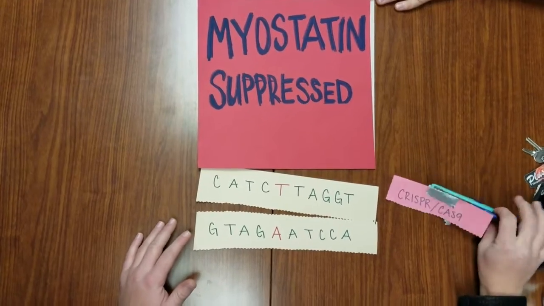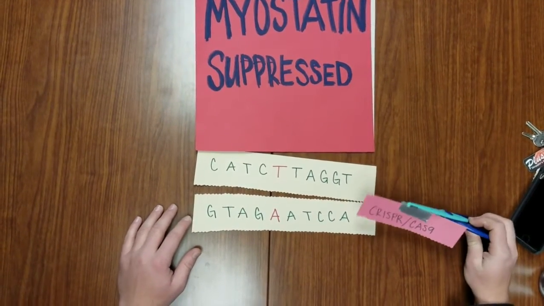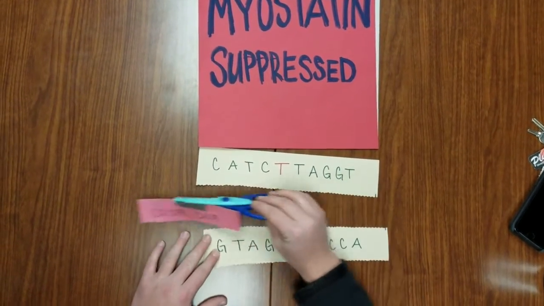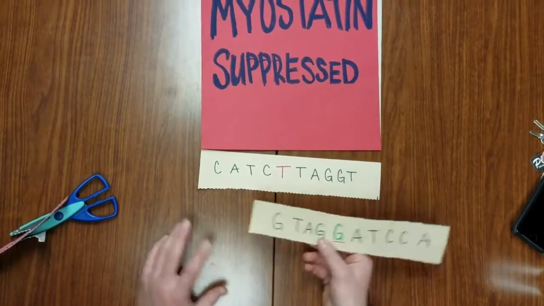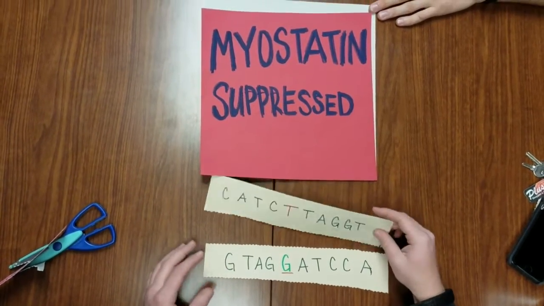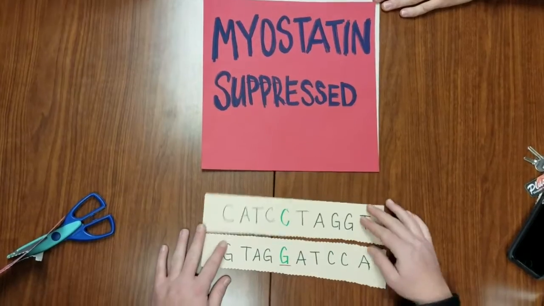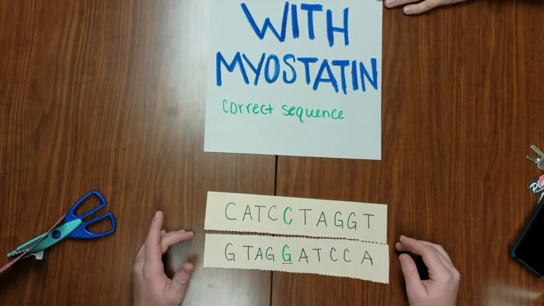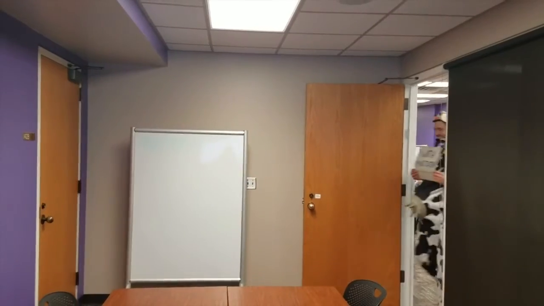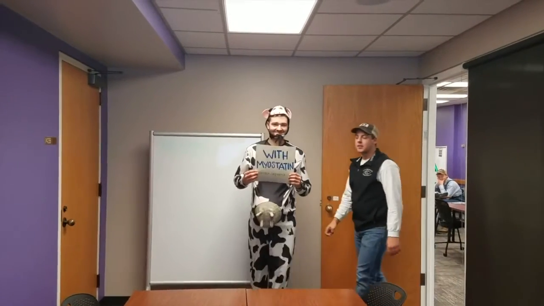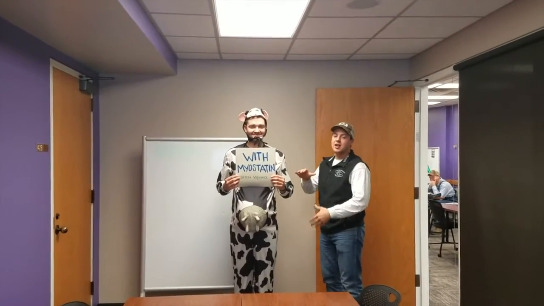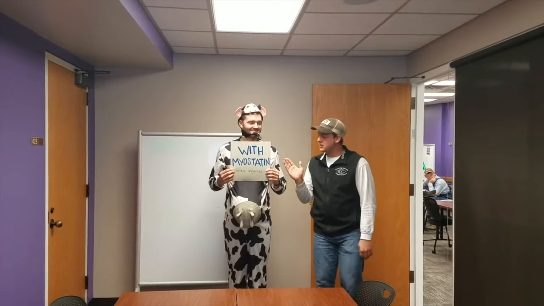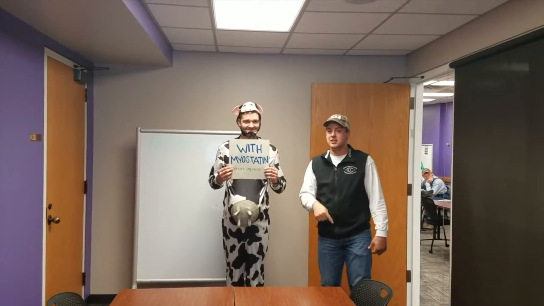But using CRISPR and Cas9 technologies, we're able to go in here and cut these two strands back apart and change the A back into a G, and to give us the corresponding C again as well, to get rid of the suppression of myostatin. So this is what it looks like in a normal beef animal when myostatin is present but not suppressed.